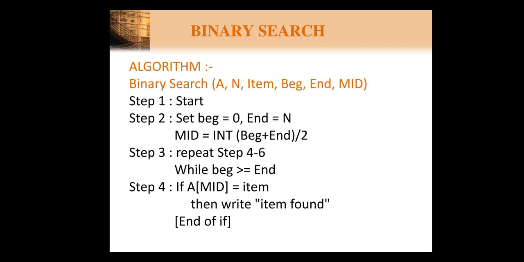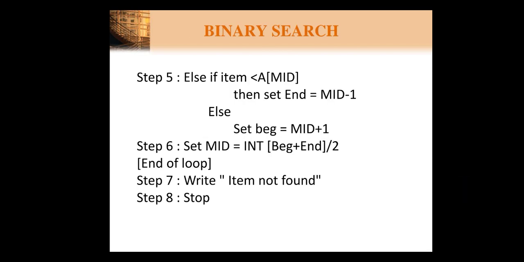Now when you are going inside the loop, what do we have to do? You check whether A of mid is equal to atom. If A of mid is equal to atom, you can say atom is found. Else if A of mid is not equal to atom, then check whether your atom is less than A of mid. If your atom is less than A of mid, then it is in a lower position, so you need to change the end position.